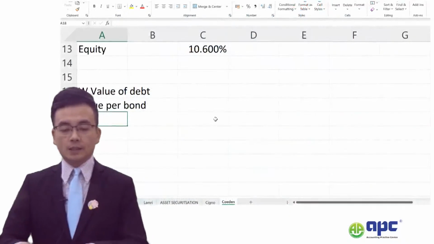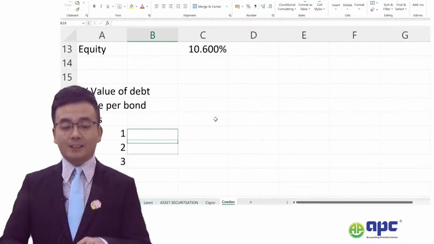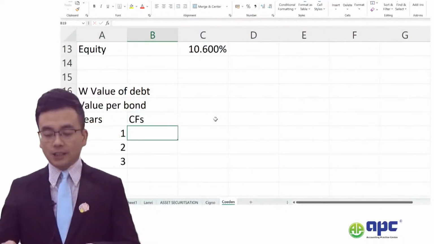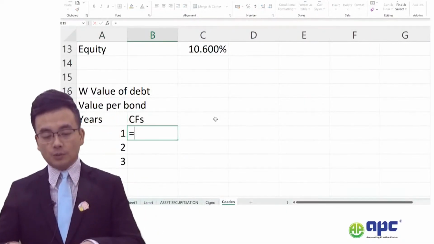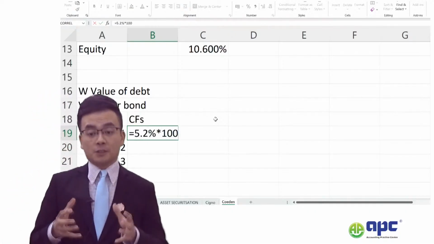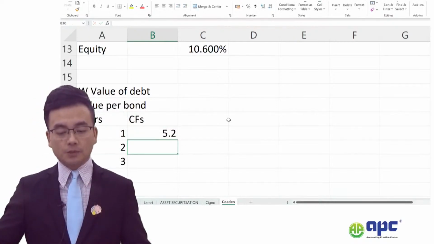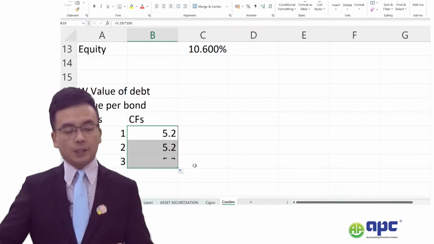So we'll say years 1, 2, 3. And then for the cash flows, I like to take that 5.2% times the $100 par value of each bond. So that would be 5.2 respectively in each and every year.